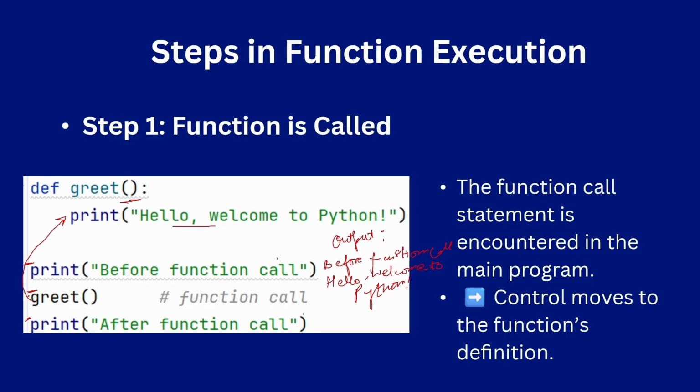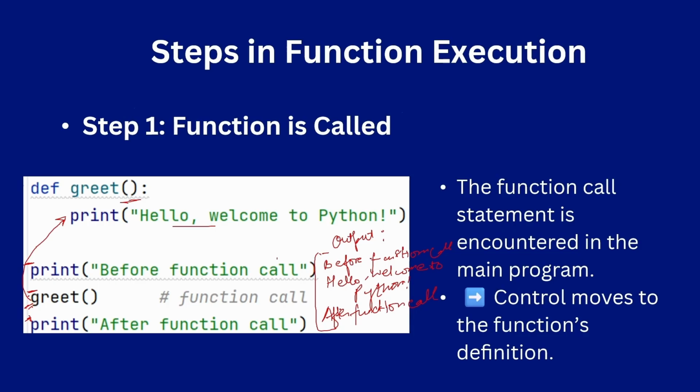Then the control moves back here. Next it will encounter this print after function call, so it will print that. Okay, so this is the output, and we can see how the control is flowing.